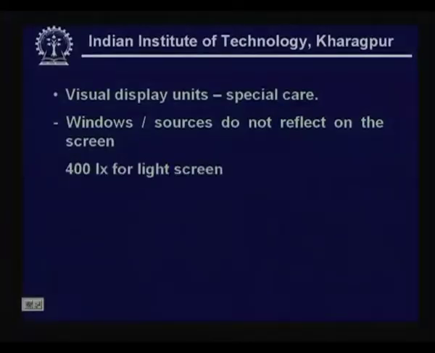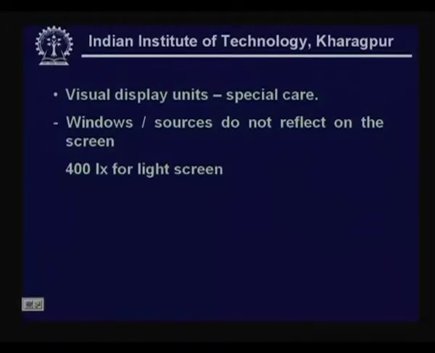So in fact, it is advisable to provide proper interiors or drapes along with the windows to see that you do not have such reflections.